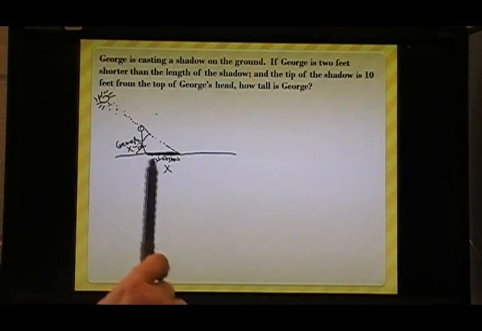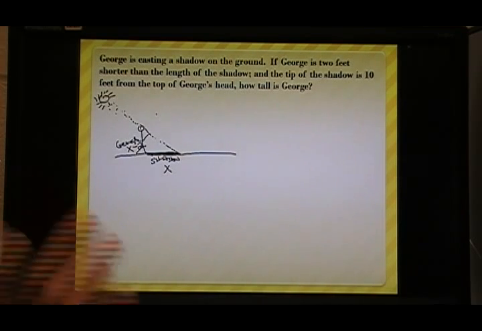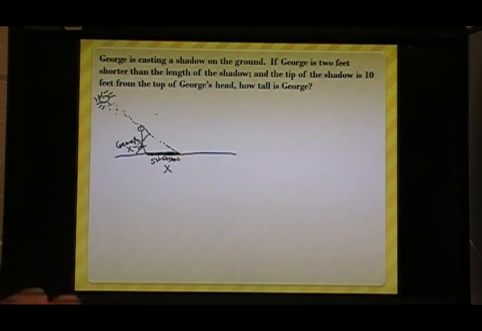And if he is x, then the shadow would be x plus 2. It doesn't matter as long as you have the appropriate relationship. You don't have to worry about correctly saying, okay, I'm going to let this thing be x. It's just however it happens. Then you just need to make sure that everything else is defined as it should be.